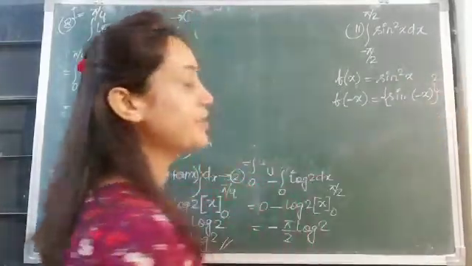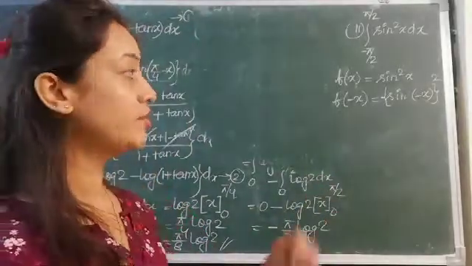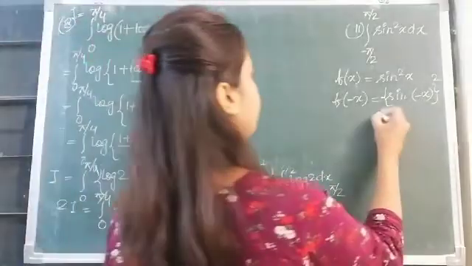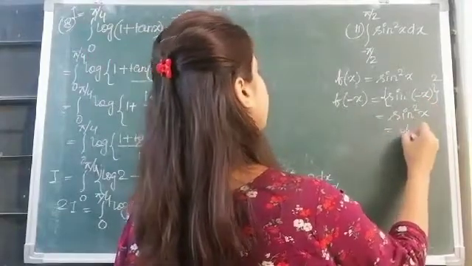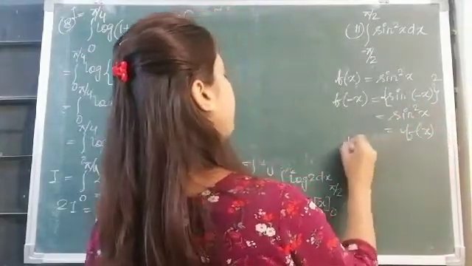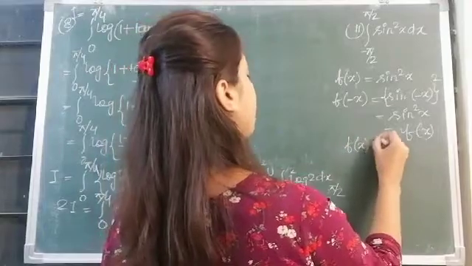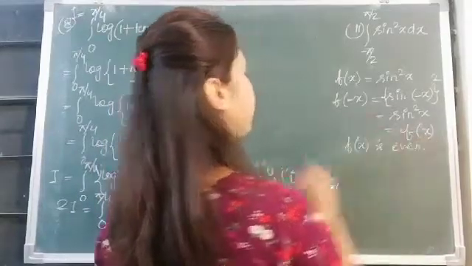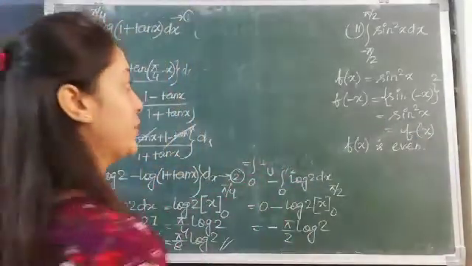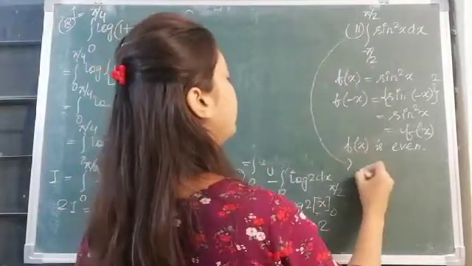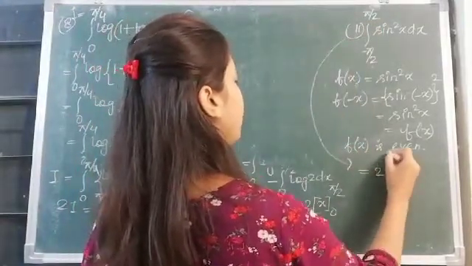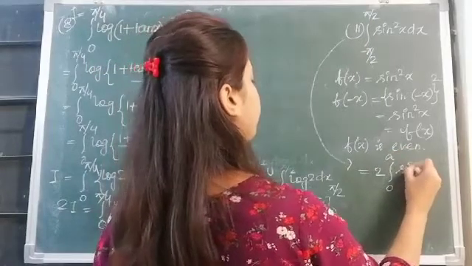Now sine of minus x is equal to minus sine x, but because of that square, you'll ultimately get the same answer, that is sine square x, which is equal to f of x. So the function f of x is what kind of function? Even. And if it's an even function, then the given integral will be equal to what? Twice the integral from 0 to a of f of x dx.